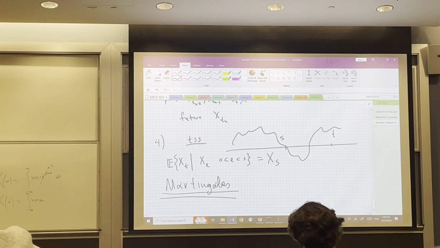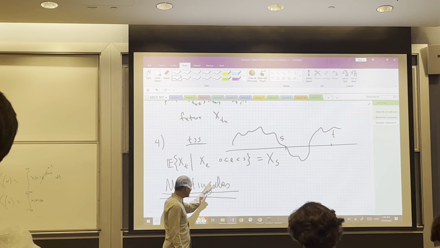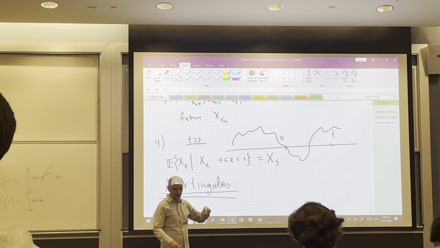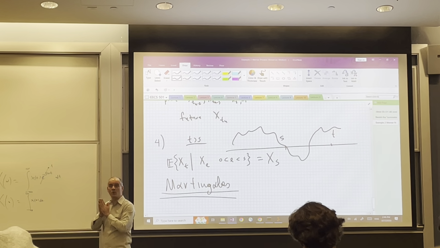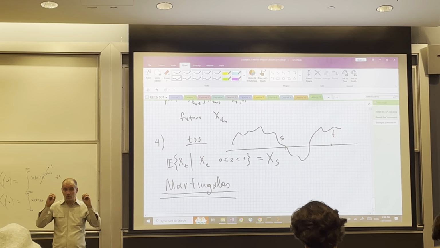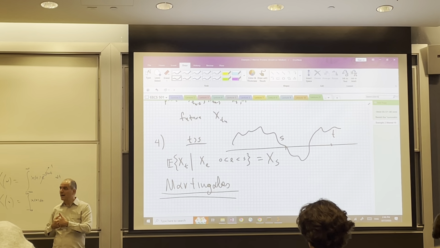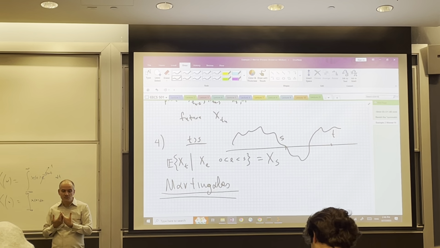And there are processes where this is greater or equal to xs, which are called submartingales, and less than or equal to xs, which are called supermartingales. In any case, martingales are very important processes in modeling things like the stock market or games where you have this property where the best estimate of the future is the current value. Not the current expected value, the current value. The latest estimate that you have, xs.